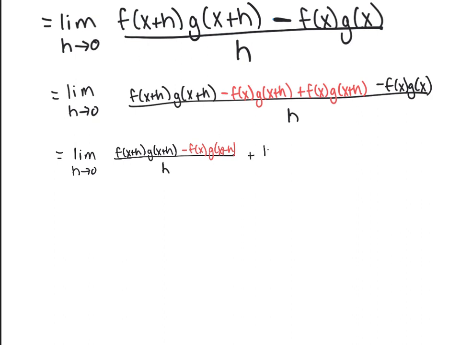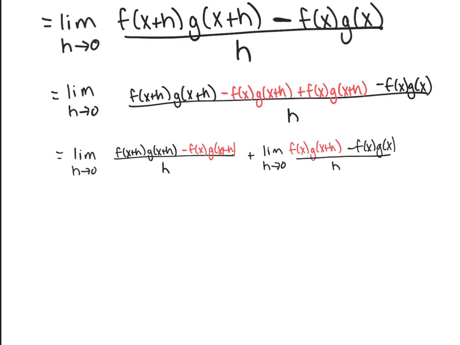And then I have a second limit as h goes to 0, and here I have f of x, g of x plus h, minus f of x, g of x, all over h.